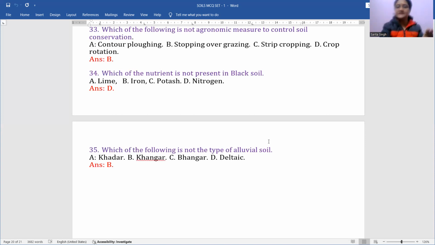Now, please try to, once you have prepared the chapter, just revise it once through these MCQs. 100%, I'm 100% sure that it is going to help you out. It is going to help you during the exam. Okay, just before the exam, if you go through all these MCQs, it will be there in your mind. And it is covering maximum part of the chapter. Okay, 99% of the chapter is covered under these MCQs.